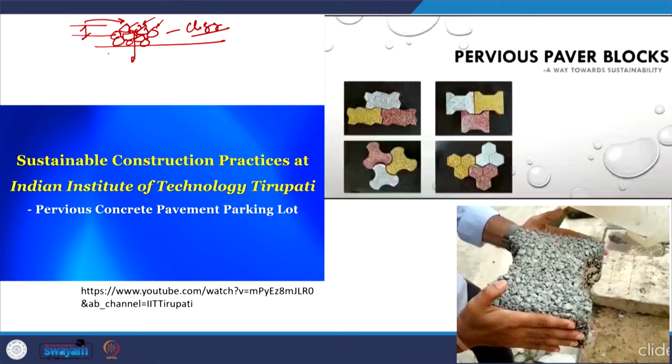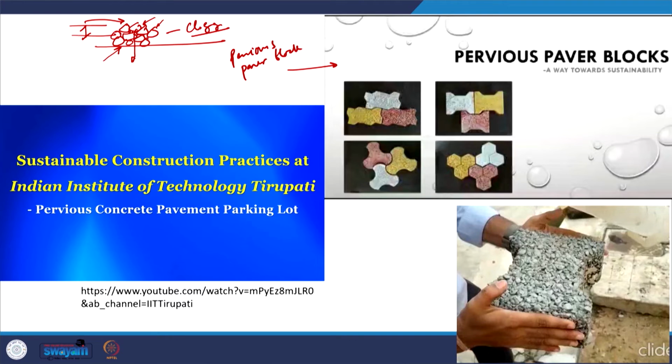So, in order to counteract these issues, in order to improve the quality control, a pervious paver block can also be used. Our research group in India did some work on pervious paver blocks also, and the advantages are that if the clogging is local, you can remove, clean and replace the blocks.